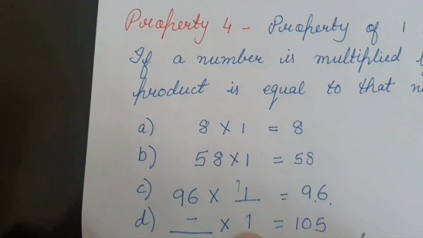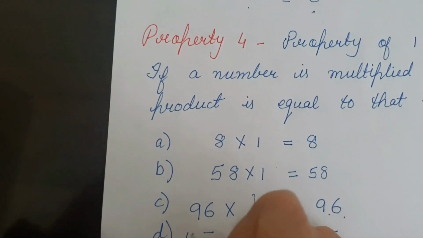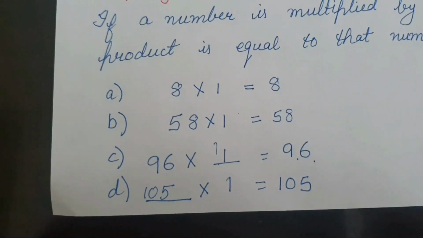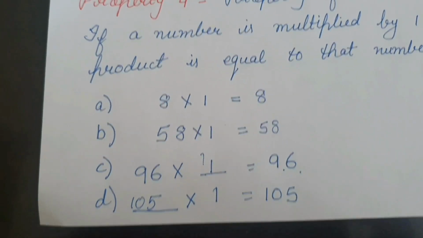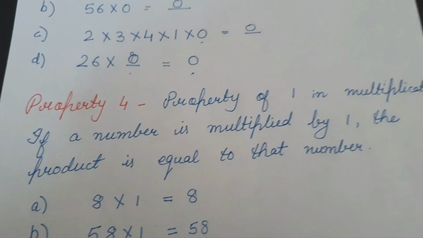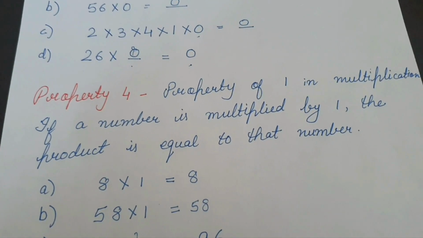That means whenever we multiply it with 1, the answer remains same. So here also it is 105. So 105 multiplied by 1 is equal to 105. So this is your property 4, property of 1, that is if a number is multiplied by 1, the product is equal to that number.